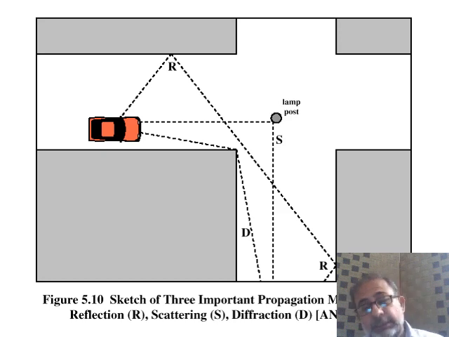Here in this diagram you can see an example of multipath. Basically, signals are coming to this car not directly. Here it is coming through scattering, through reflection, through diffraction. So there are three methods of the signal coming to this particular car.